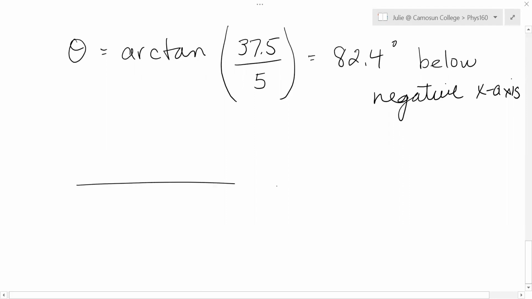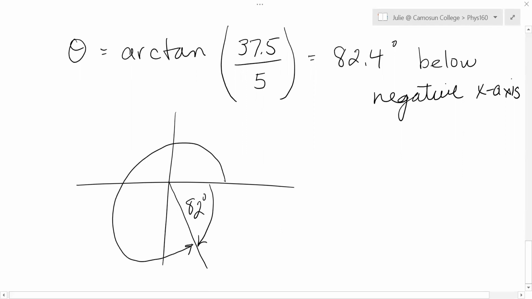So what that means is this is 82 this way, then this is 360 minus 82. So 278. Something went wrong here.